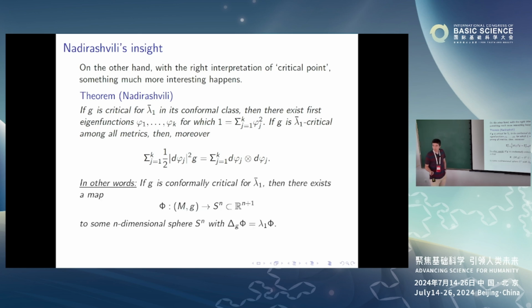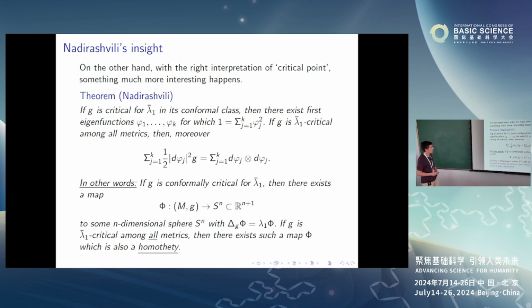So in other words, if G is only conformally critical for this lambda 1 bar, then there exists a sphere-valued map to some n-dimensional sphere, where you can bound that n by the topology by work of Chung. You can find a sphere-valued map by eigenfunctions. And if in fact we're critical not just in a conformal class but among all metrics, then that map has to also be a homothety. Read that off here. Okay?